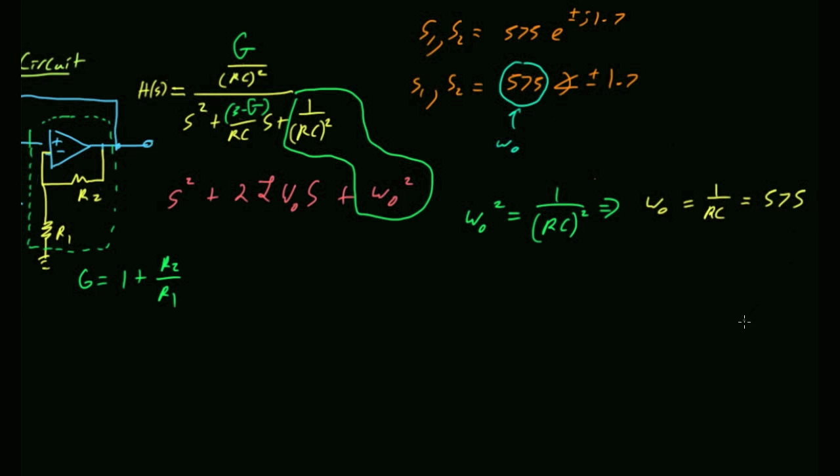575. Ooh, we're getting close now. Pick a capacitor. Okay, we'll pick the default value of 1 microfarad, available in every capacitor bin. And what does that leave me with for a resistor? It should be 1 over 575 times a microfarad.